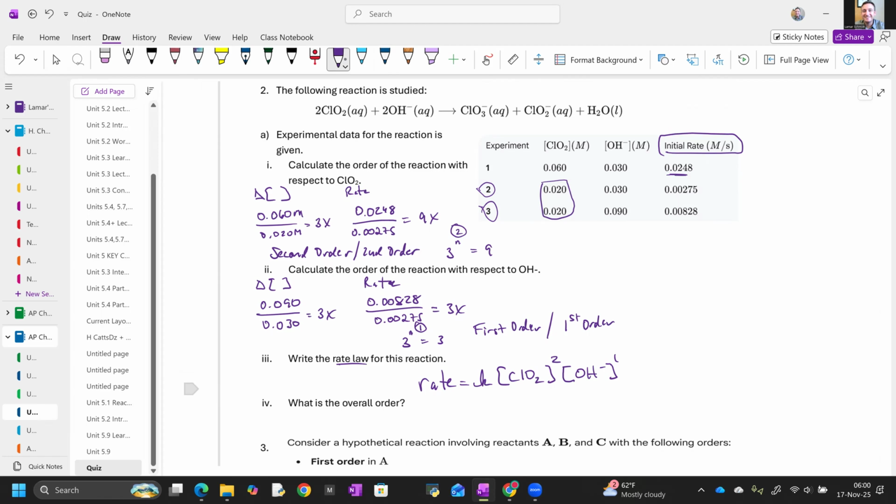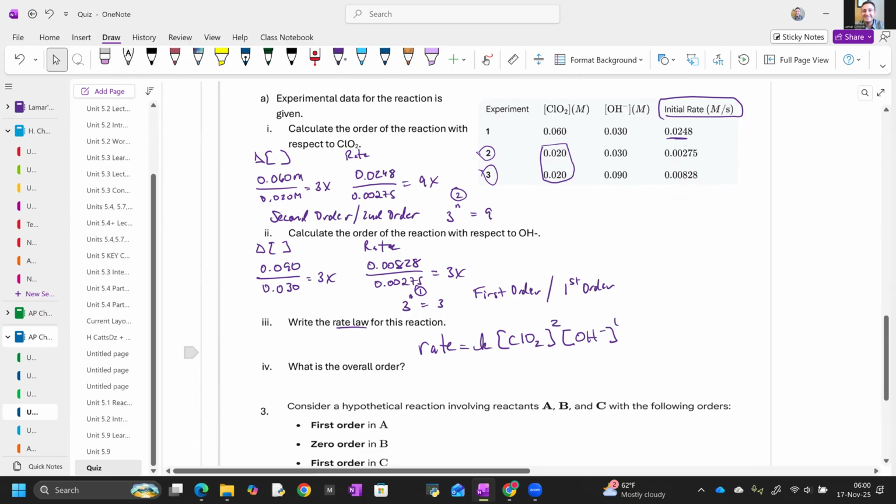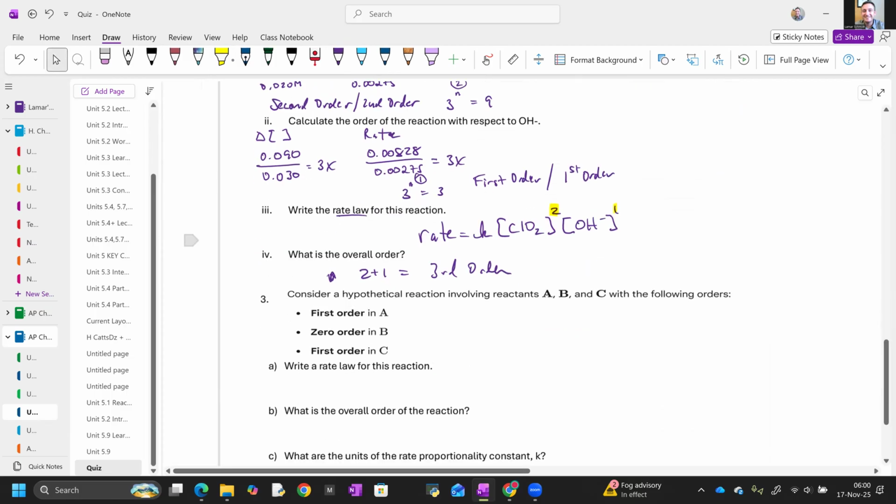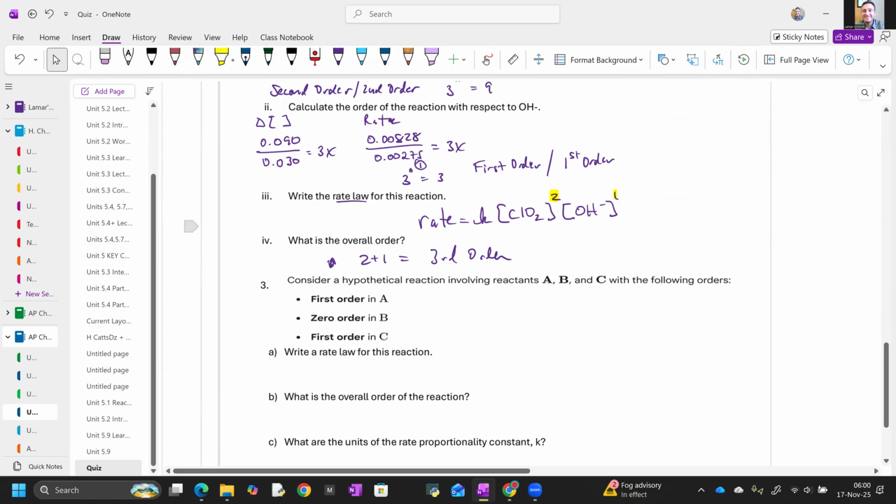All right, and it's showing that it's first order. So the overall order is going to be 2 plus 1, or it's third order. And what we're doing is we are adding these exponents. All right, so there we go.